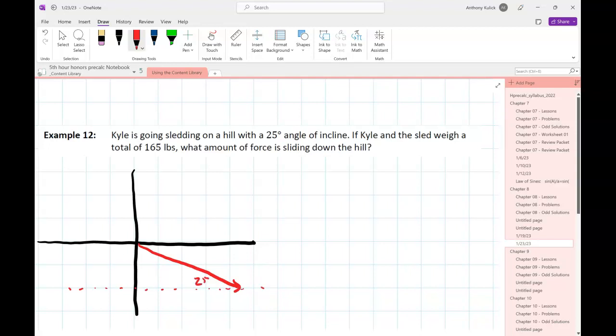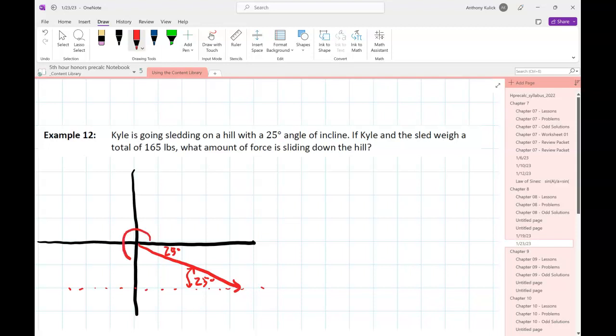That means that angle is 25 degrees, right? Everybody agree with that? I know from the alternate interior angles theorem from geometry that this angle is also 25 degrees.